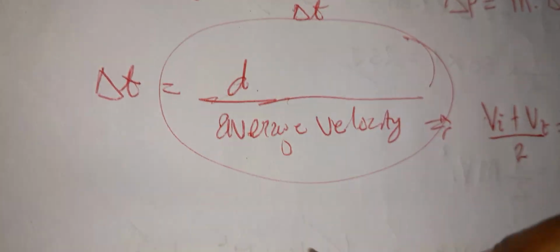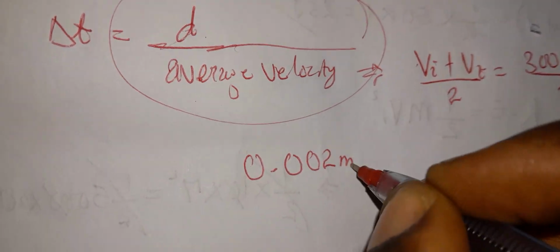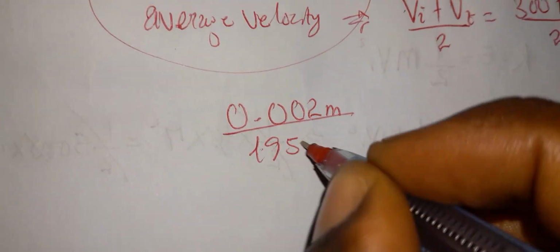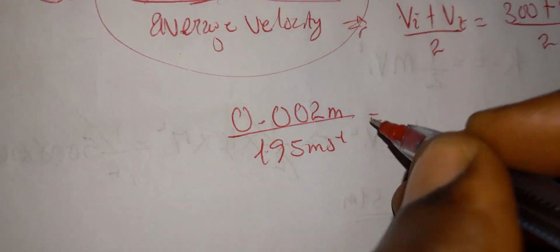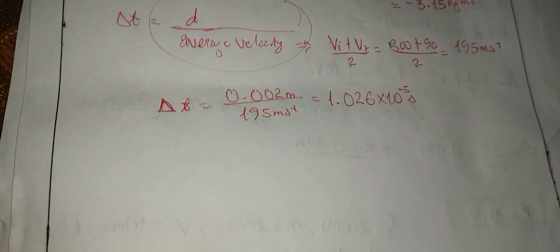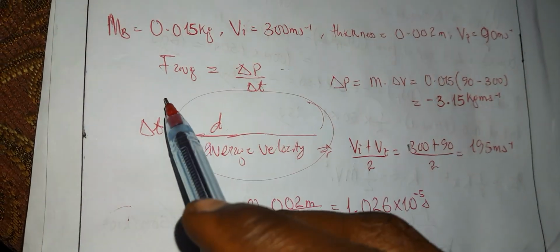Now back to this formula. The distance will be the thickness, which will be 0.002 meter over 195 meter per second. So this will be the time taken. Now we'll put everything back into our average force.